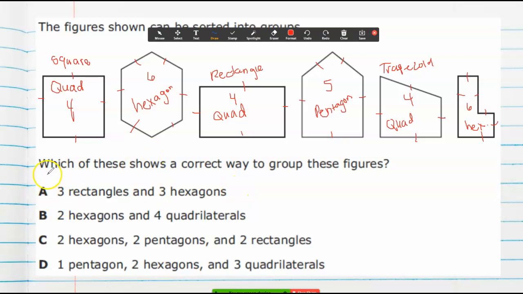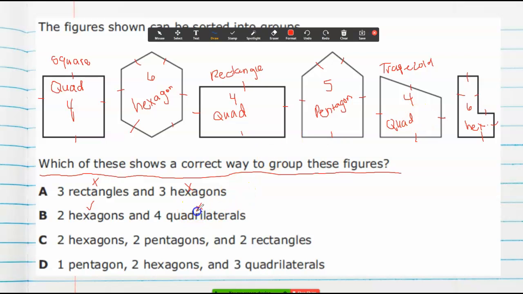Okay. Which of these shows a correct way to group these figures? 3 rectangles. Nope. And I don't have 3 hexagons. 2 hexagons. 1, 2. 4 quadrilaterals. 1, 2, 3.